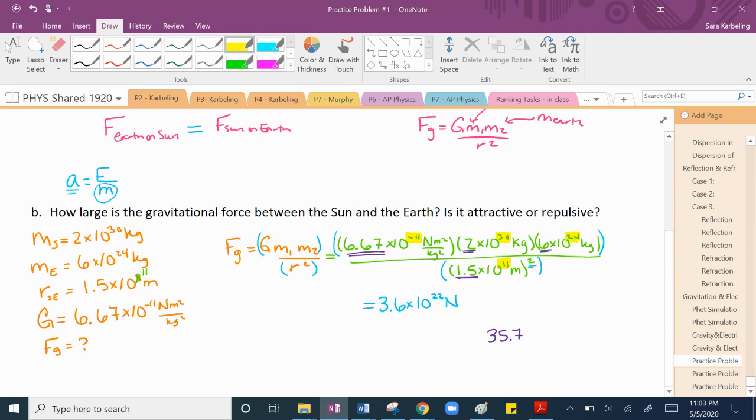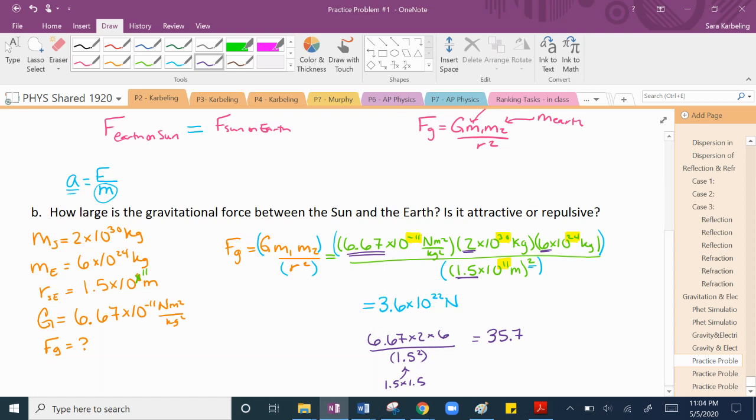Now I also need to make sure that I said this appropriately so that I'm not confusing you all. To get the 35.7, what I'm doing is 6.67 times 2 times 6 divided by, I don't think I said this before, 1.5 squared. So you've got to do 1.5 times 1.5. Okay, that should give you the 35.7.